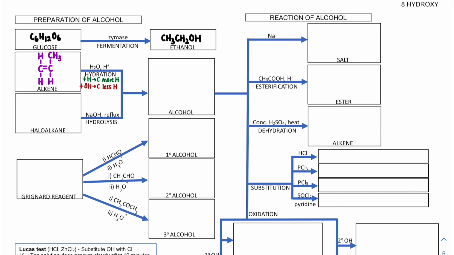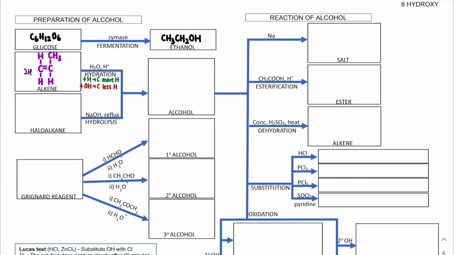So how do we know which carbon has more or less? We check based upon our carbon-carbon double bond. This one cannot, because this is not the carbon-carbon double bond. The double bond is only between these two. This carbon has 2 hydrogens, and this carbon only has 1, because the other one is attached to another carbon.